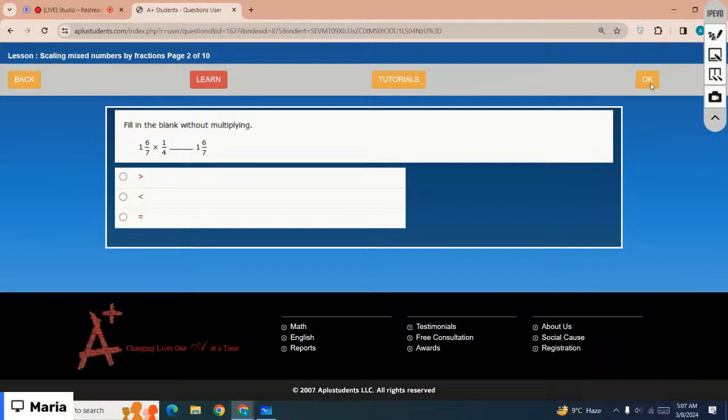The correct option is less than, right? Because you are multiplying 1 whole 6 by 7 by 1 by 4, and 1 by 4 is less than 1, so the product is again less than 1 whole 6 by 7.